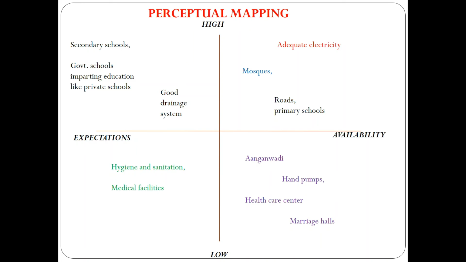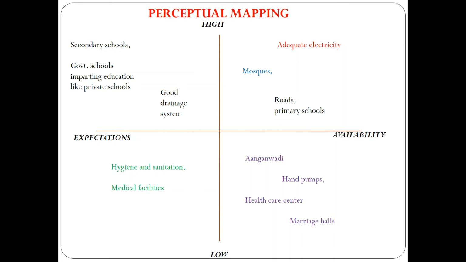If you look at the top, that is their high expectation on one side and the availability of services on the other side. Similarly, on the low side, what they expect and what is available. So that way it explains the whole situation of the community.